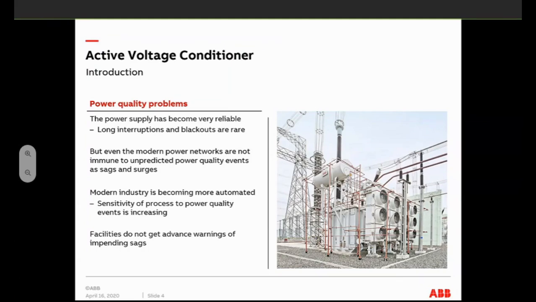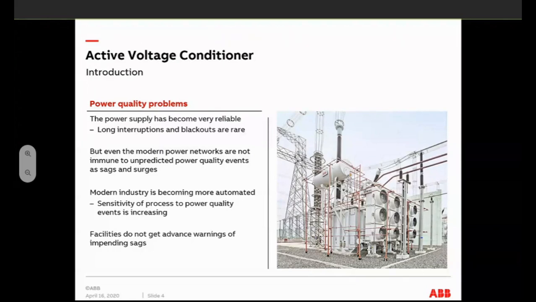At least for the Luzon grid, we did not experience any blackouts or interruption for the last 3 years. If there is, probably it's just a short interruption, and then we will have our power back. So this is one of the power quality issues that we are going to address.